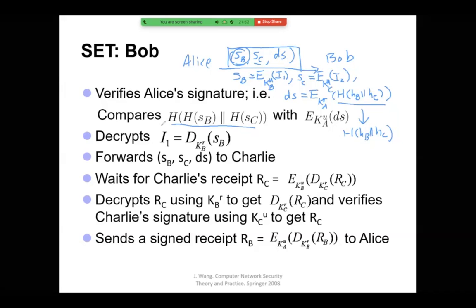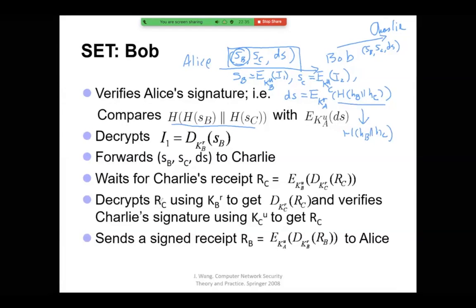After Bob gets the purchase order, he will then send the same thing again, send what he receives, the same DS, to Charlie, and wait for Charlie's receipt saying that he will get payment.